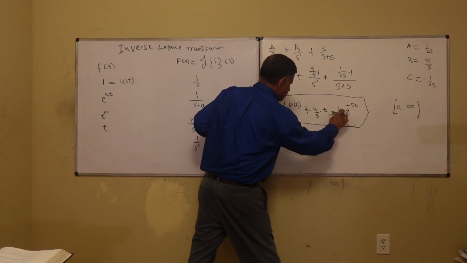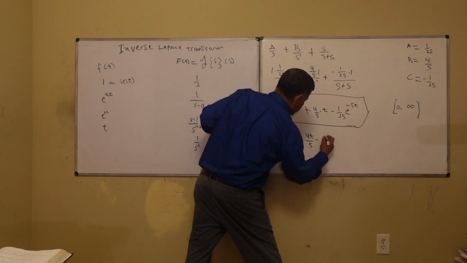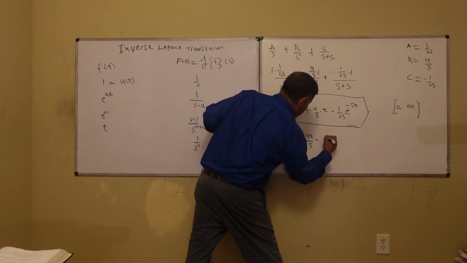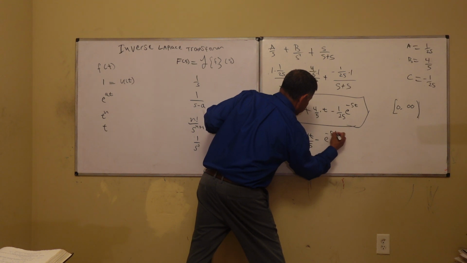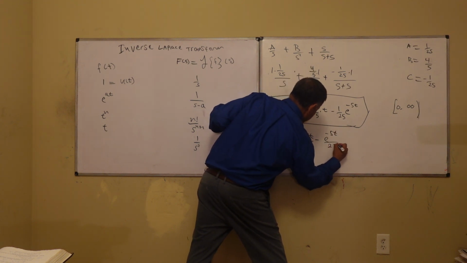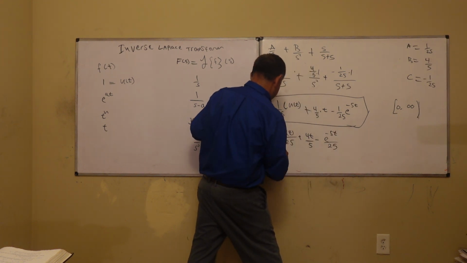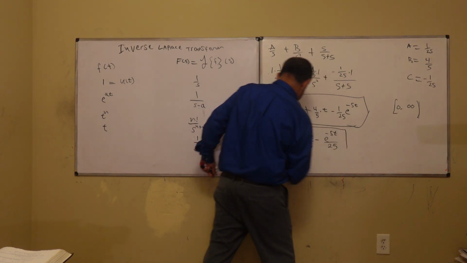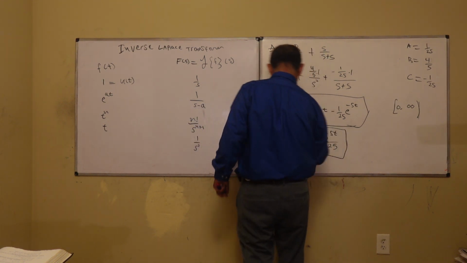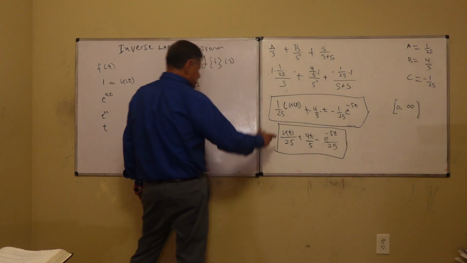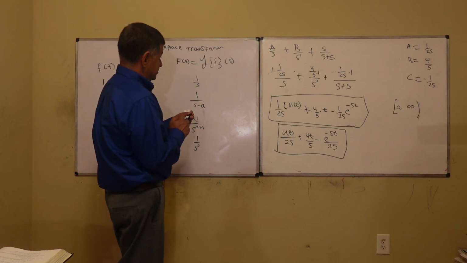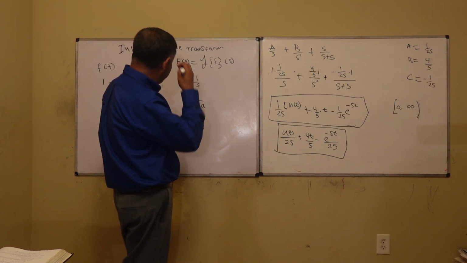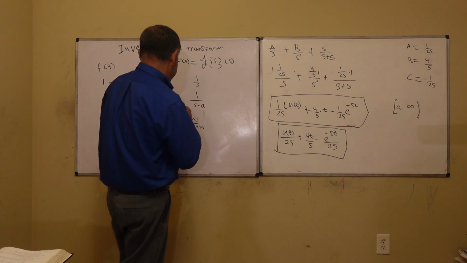You can just bring this to the front and put it like this. Okay, and that will be the answer for that. And that is the inverse Laplace transform of that.